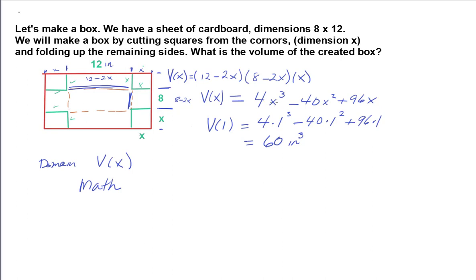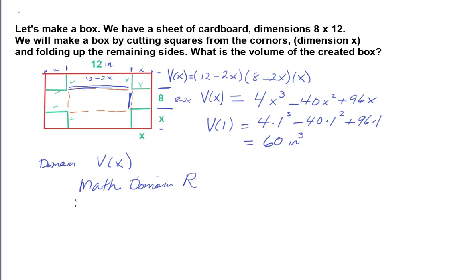So what values could you put in here and be able to evaluate this, make a sensible expression out of this? Well, it wouldn't matter what x you put in. You could always cube x, multiply it by itself 3 times. You can always square x, and you can always multiply x by 96, and you can do the addition and subtraction. So the math domain would be the real numbers.